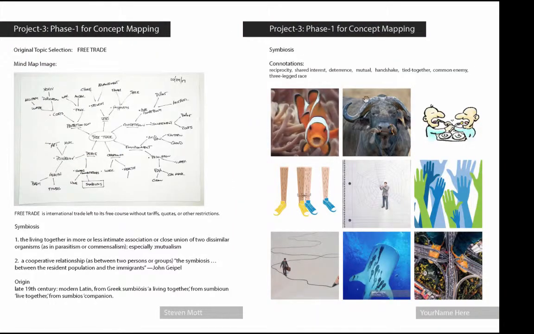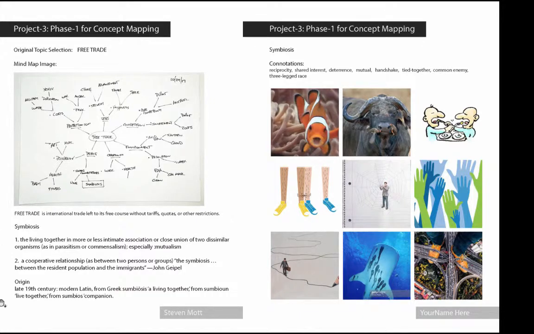This is another one. Free trade was something that this person started with, and he landed on a word at the very end of his chain called symbiosis. Things that have symbiotic relationships rely on each other.